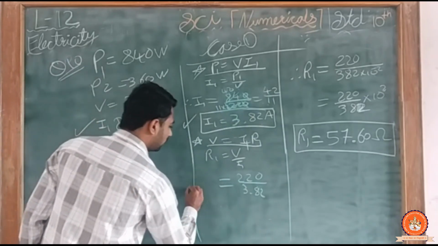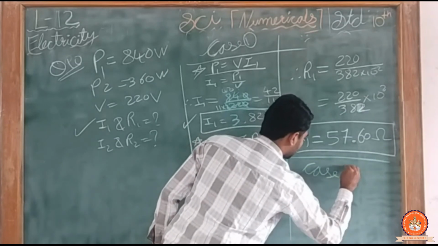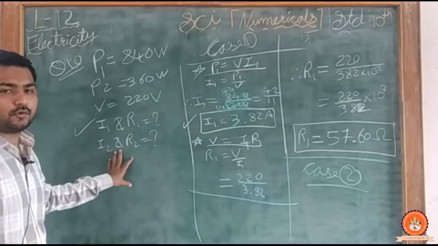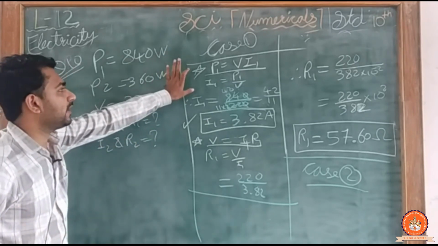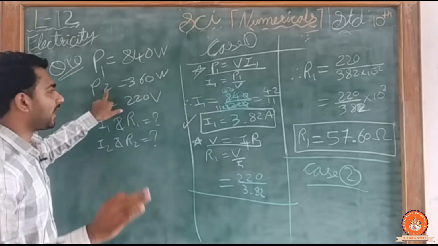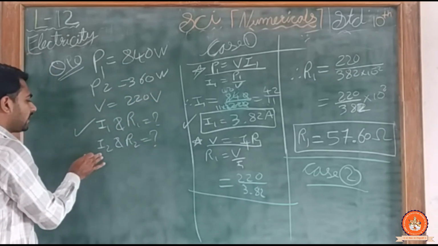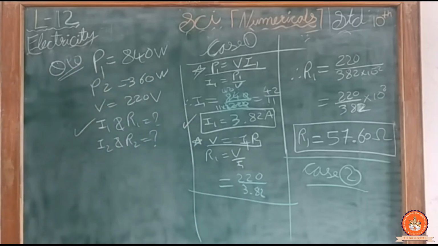Now case 2, in case 2, similarly you have to find the value of I2 and R2. You have to use the same formula, but in place of P1 you have to take P2. This is my case 2. So 360 you have to take as the power and you have to solve for I2 and R2 in your homework. Okay students, write down from the board so we can move forward.